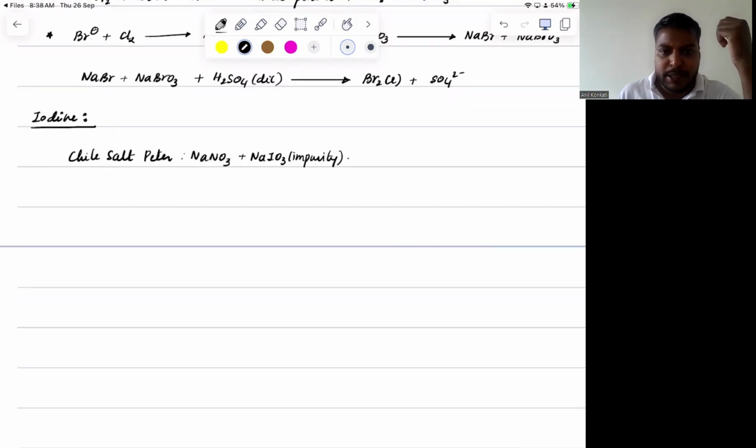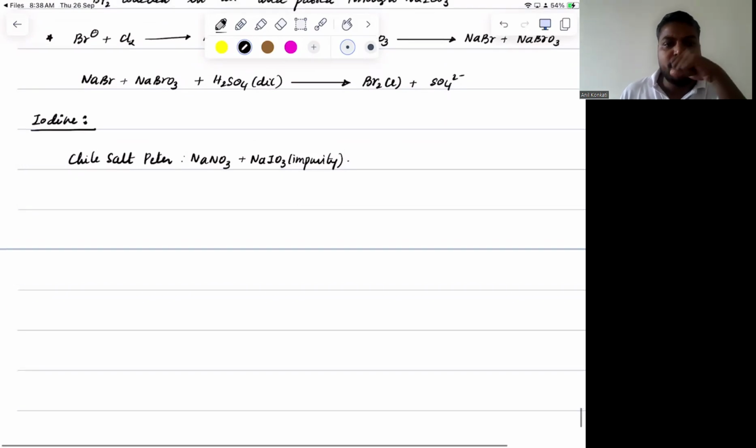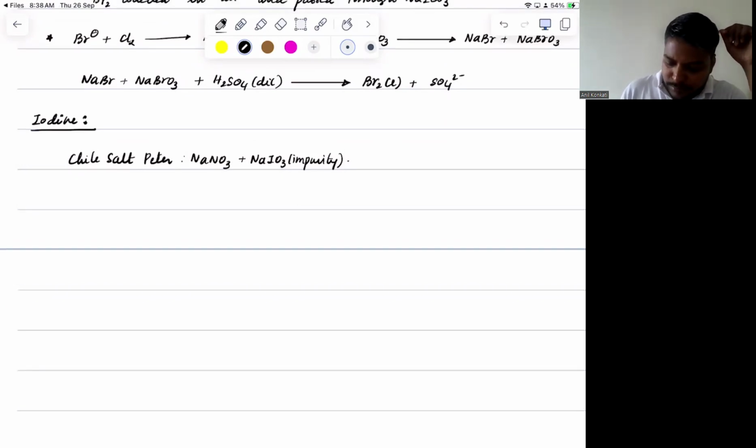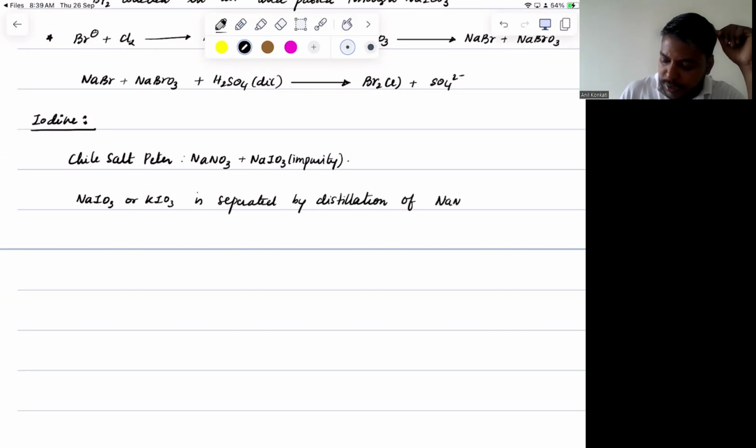Clear? So what we do: NaIO3 or KIO3 is separated by distillation of the NaNO3 mixture.